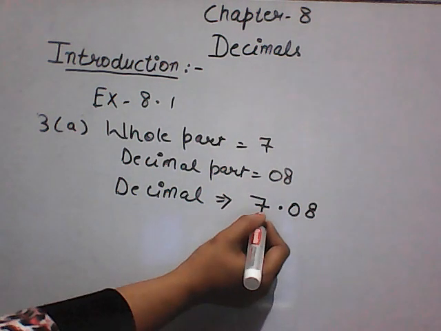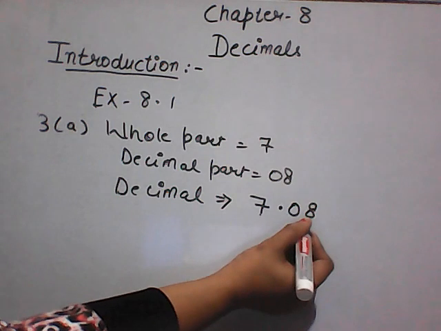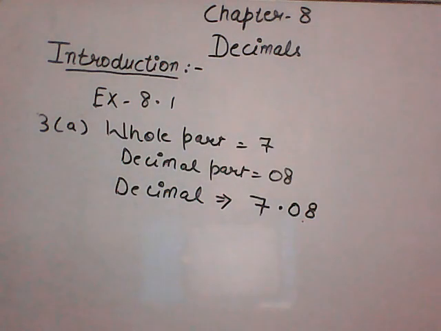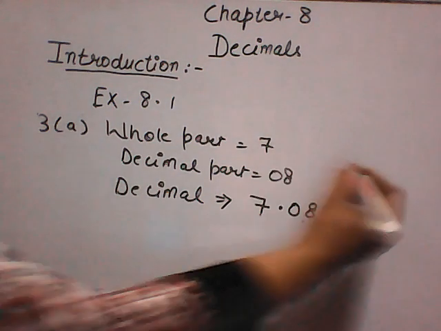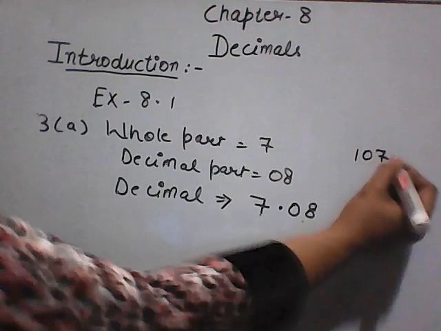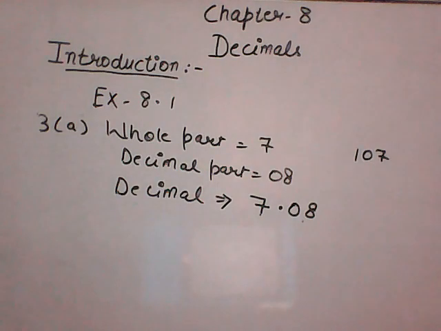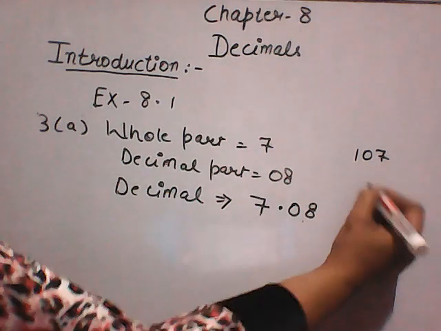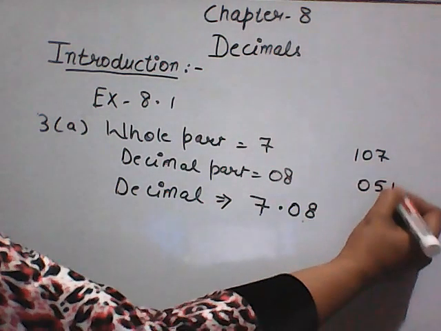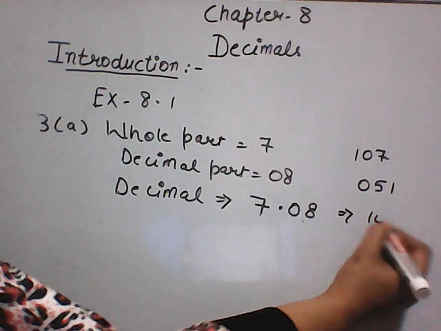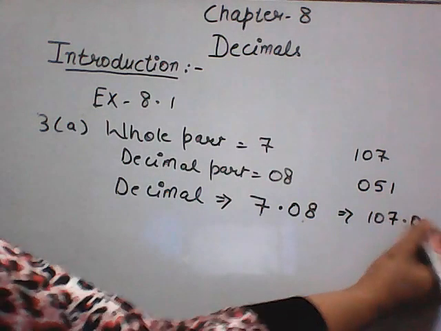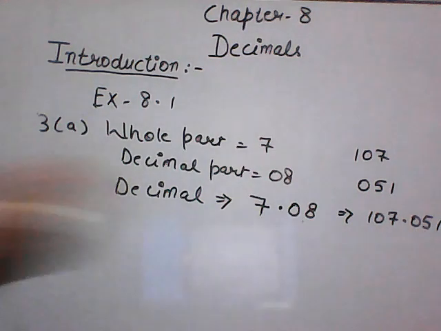Here 7 is the whole part and 08 is the decimal part. In the next question, suppose the whole part is given to you, 107, and the decimal part is given to you, 0.51, and you have to write the decimal: whole part, point, decimal part. In this way you can write the decimals.